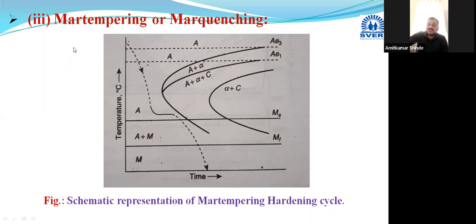Then we provide sufficient soaking or holding time to get equalization of temperature and homogeneous austenite.